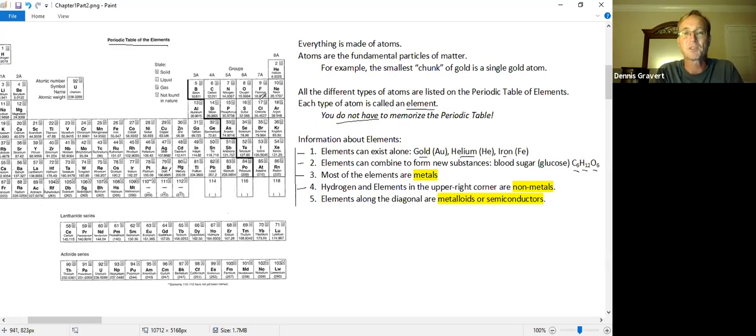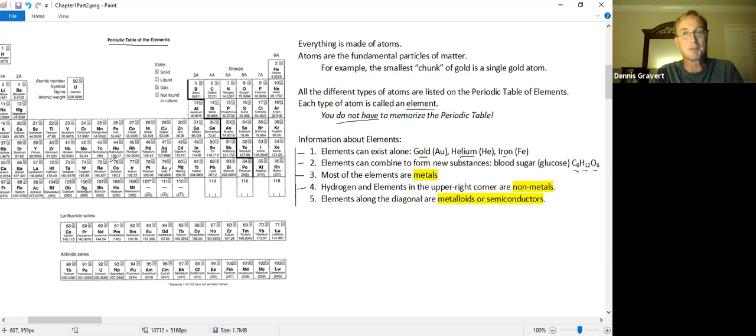Very cool. So at a glance, if I ask you, hey, is sulfur a metal? You'd say, no, it's on the right side of this diagonal staircase. It's a non-metal. How about osmium? Osmium's on the left side of the diagonal. Must be a metal.